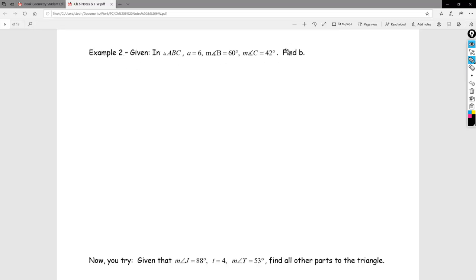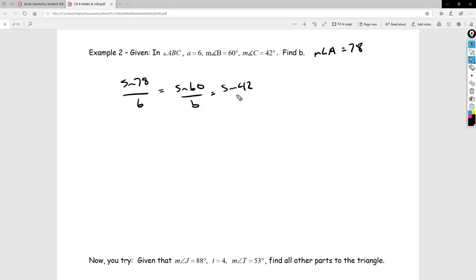So solving for the measure of angle A, subtracting from 180, I know that A must be 78. So that tells me that sine of 78 is to 6, which is A, as sine of 60 must be to B, as sine of 42 is to C. Alright, and then from here I just solve for B and C, same way I did in my first example.